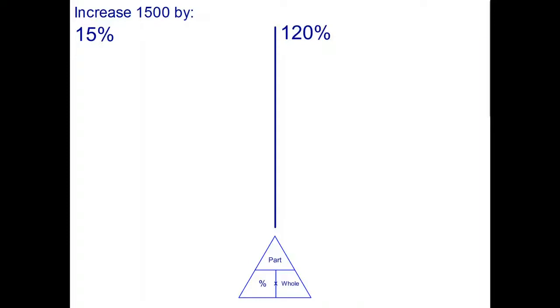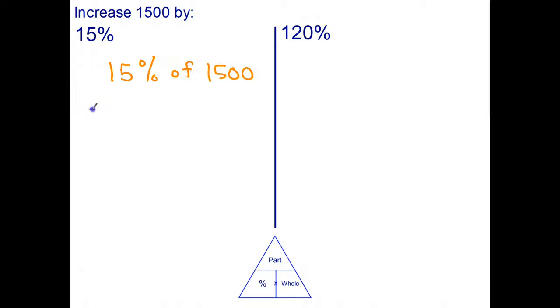Okie doke, welcome back. Okay, well, I'm going to do this question the first way that I did it. So I'm going to start by finding 15% of 1,500, and I think by now I can probably leave the original formula off. So I can just go 15% of 1,500.